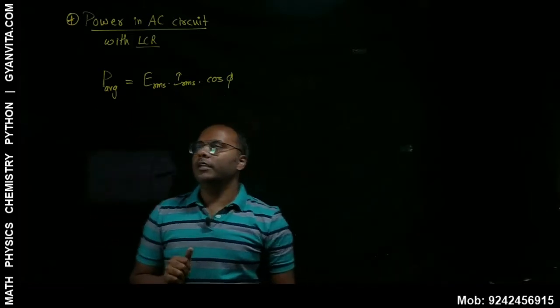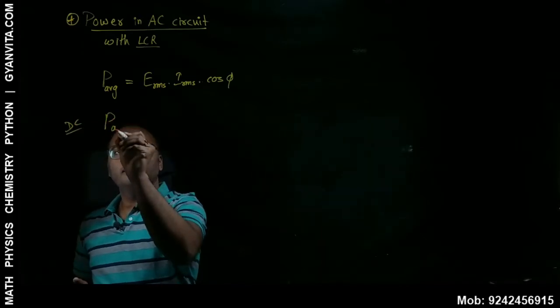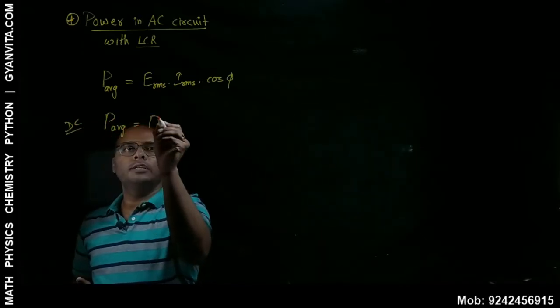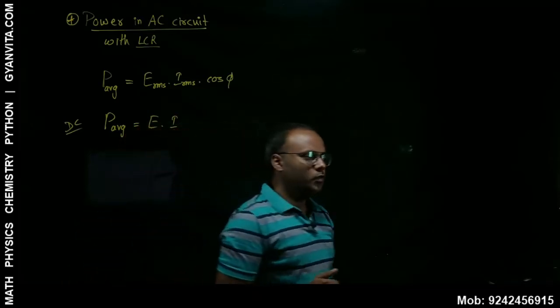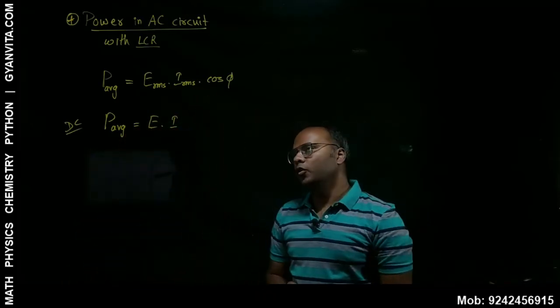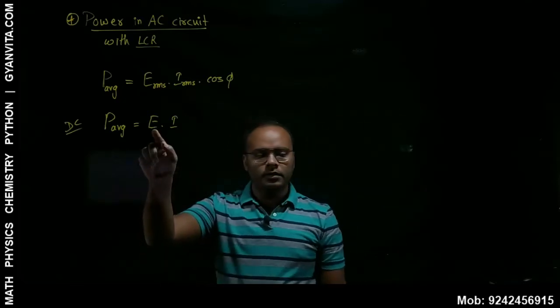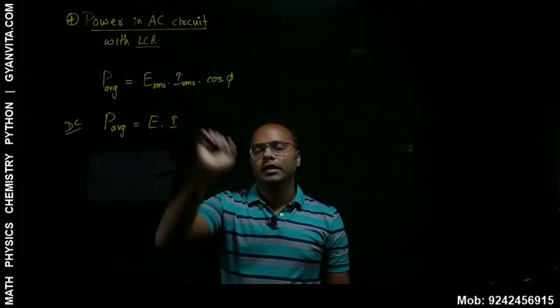Now, if you compare with DC, the average power is just E into I or V into I. If we compare these two, what do we see? Instead of E, there is E_RMS. Instead of I, there is I_RMS.